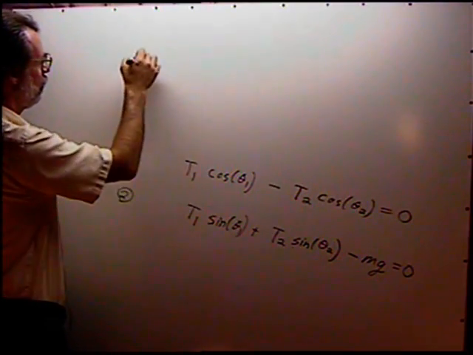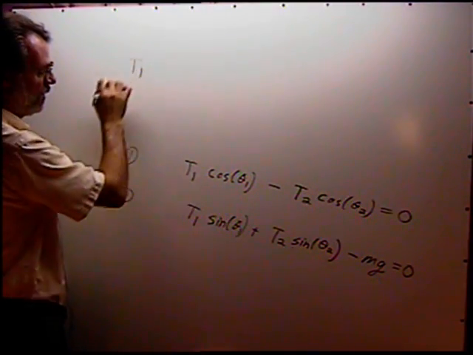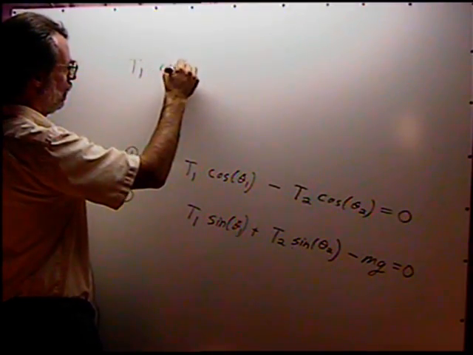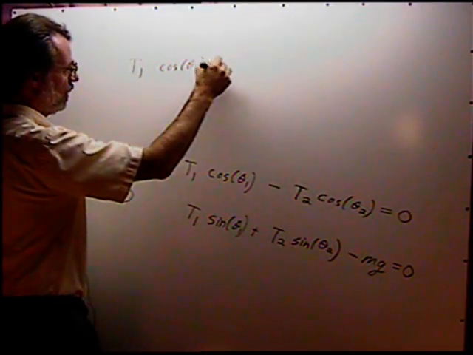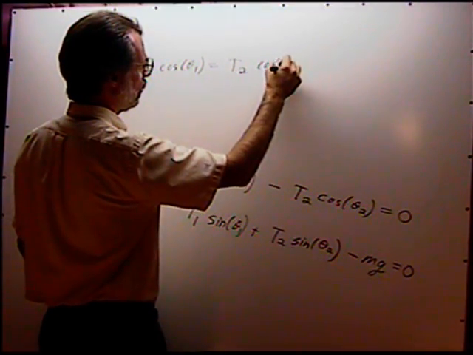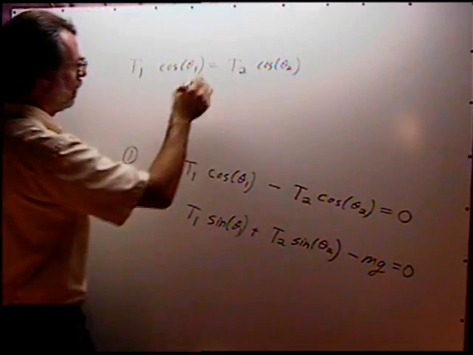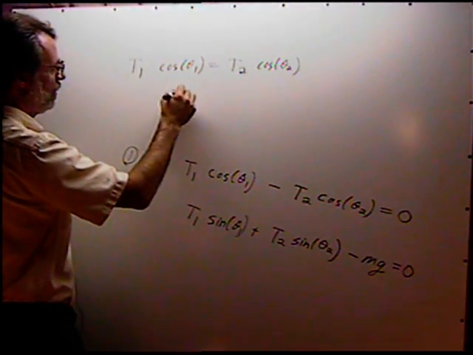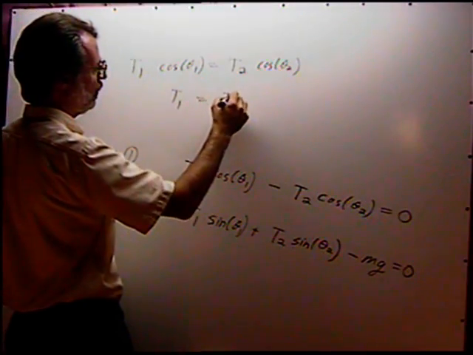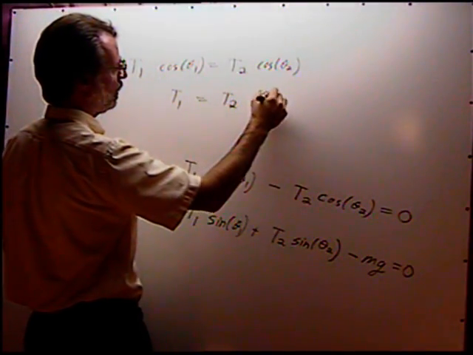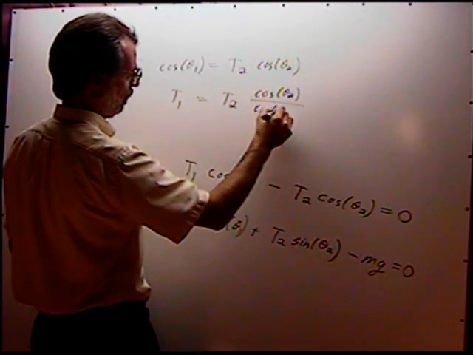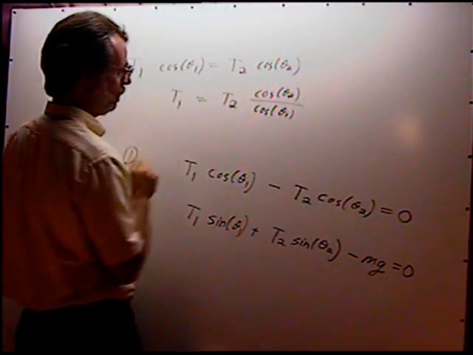So the first equation, T1 cosine theta 1 equals T2 cosine theta 2. This implies, if we divide by cosine theta 1, T1 equals T2 times cosine of theta 2 divided by cosine of theta 1. Okay?